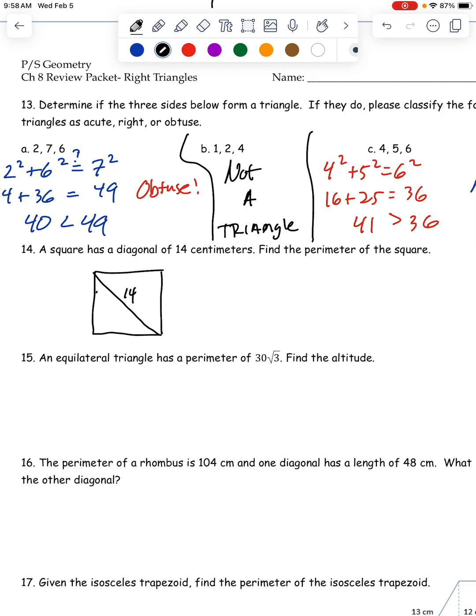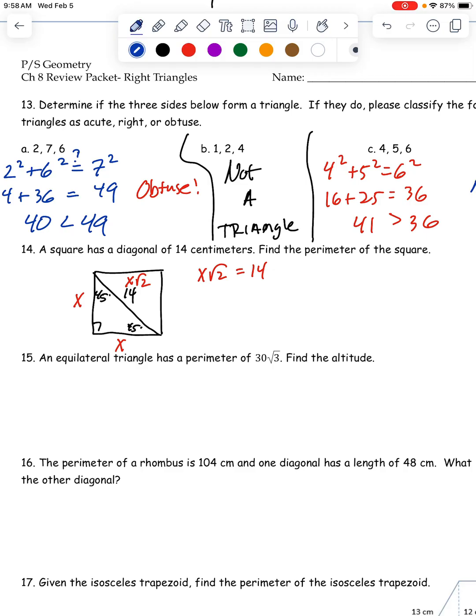Well, in a square, we have a 45, 45, 90 triangle. And in our 45, 45, 90, these two sides are x, and my hypotenuse is x root 2. So x root 2 is 14.